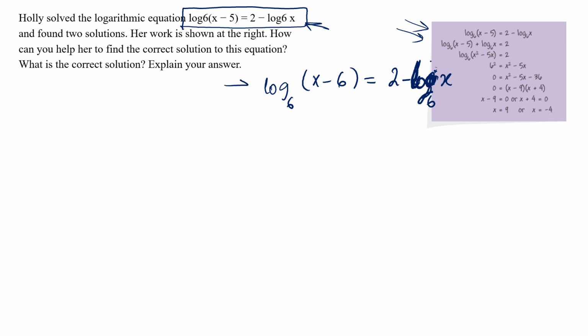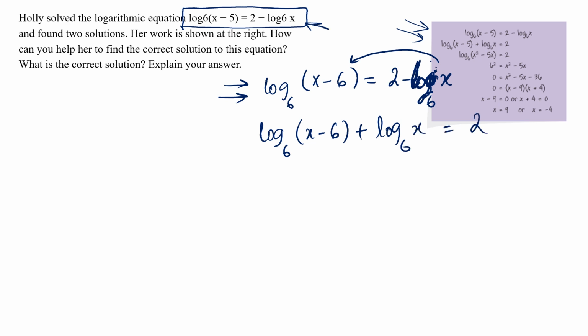So if we consider that this is the scenario, first of all, bring all the logs to one side. I will write log base 6 of x minus 5 plus log base 6 of x equals 2. Use the property to write it down. I will get log base 6 of x minus 5 times x equals 2.